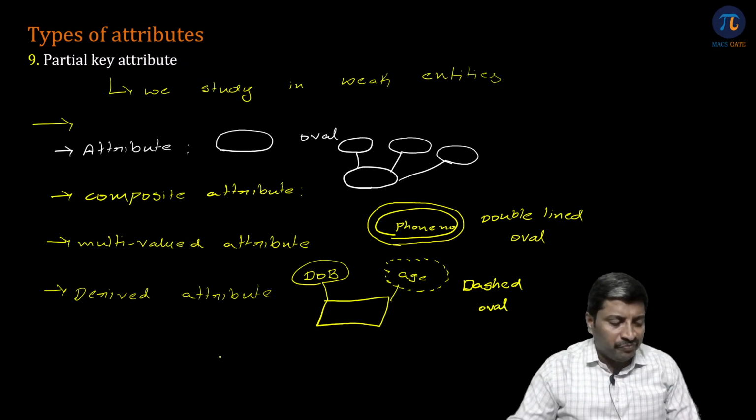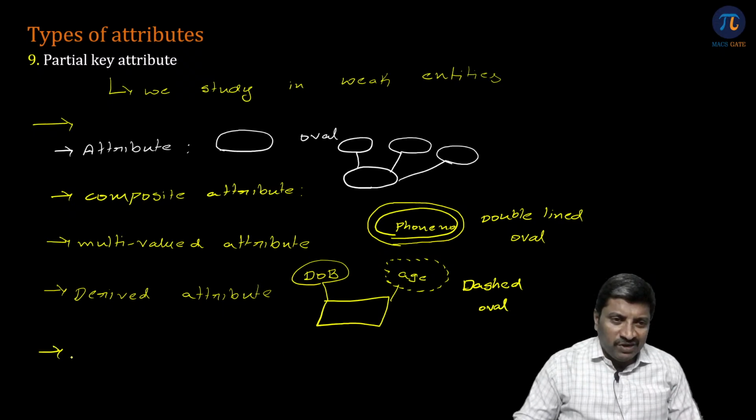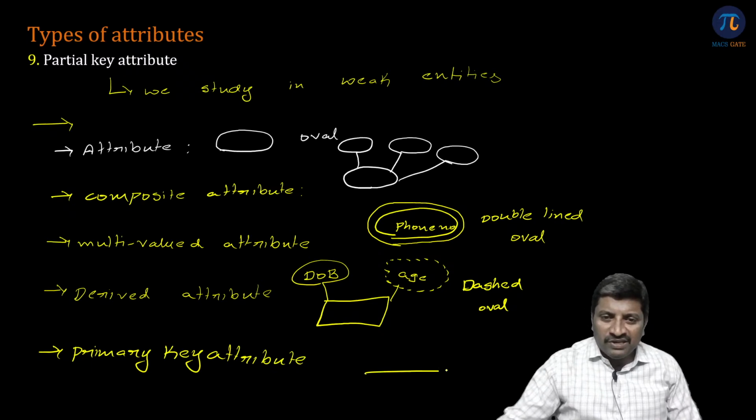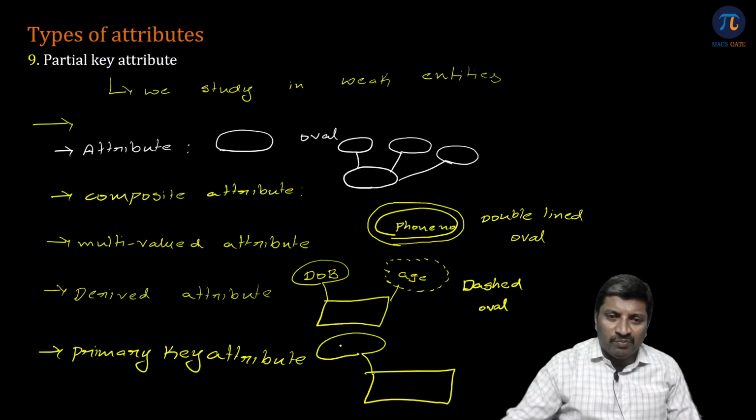Similarly, whenever it is a key attribute, actually instead of key attribute, better to say primary key, sir, because we will have only one primary key. For example, for student, I am considering the roll number.